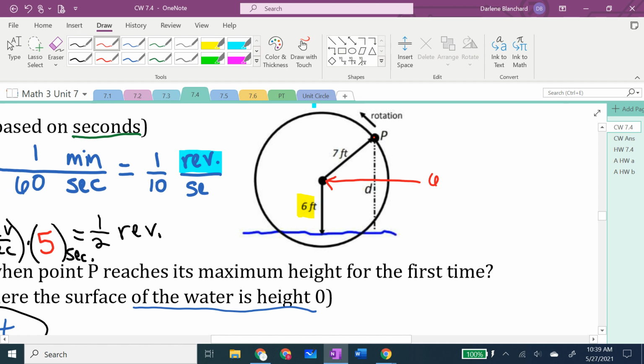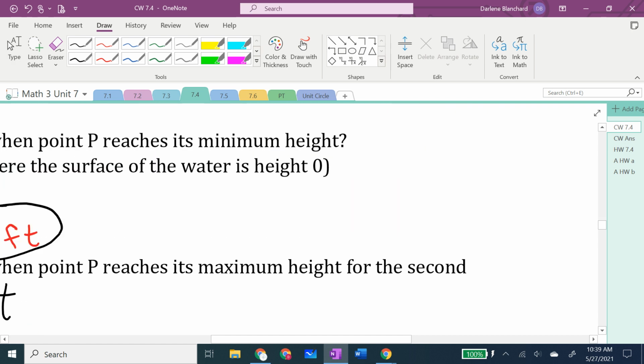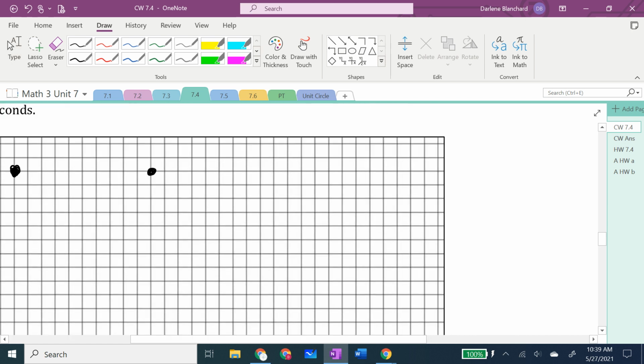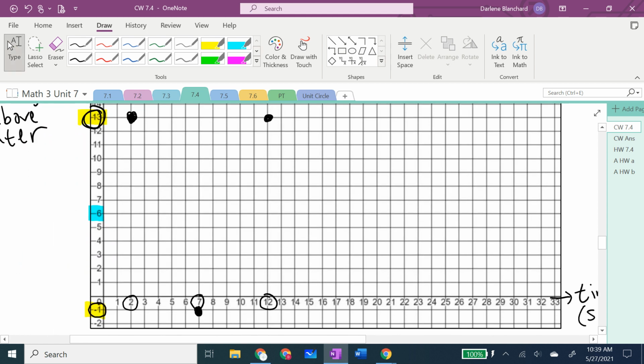This point may start over here, but as it goes around, it's going to go high point, middle point, low point, middle point, high point, and keep going. It reaches its middle point when it's level with the center of that circle. So if this is the midline, I'm going to just do a quick dash graph of it.